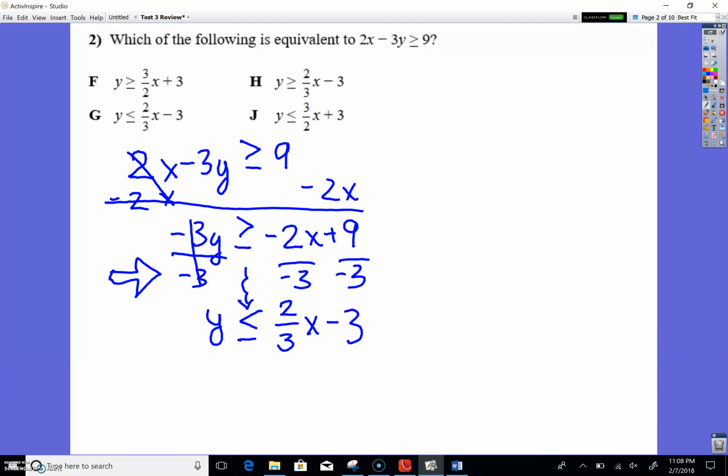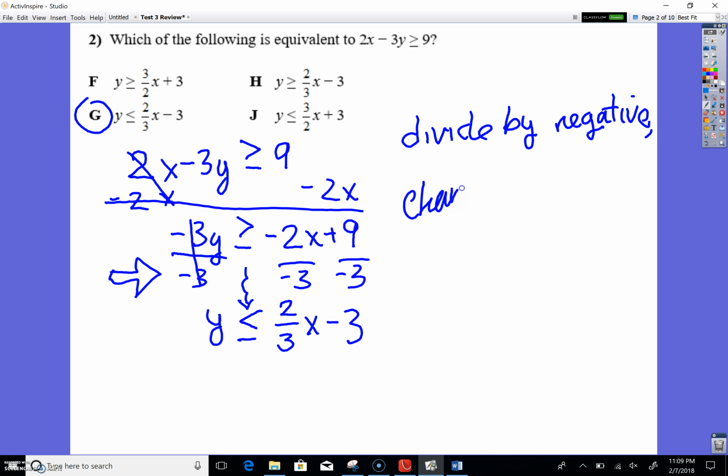So if we look at that, G is going to be my answer. Be sure, divide by negative, change the inequality.